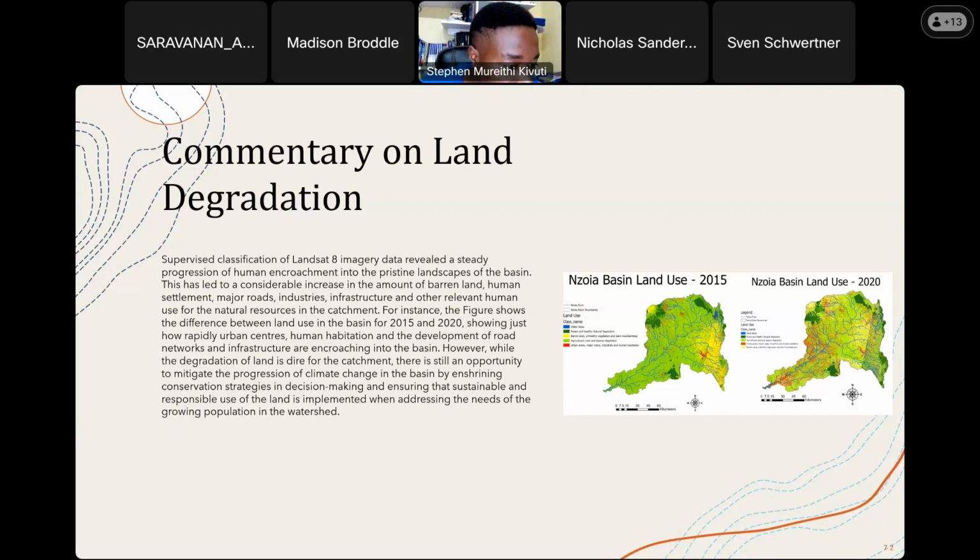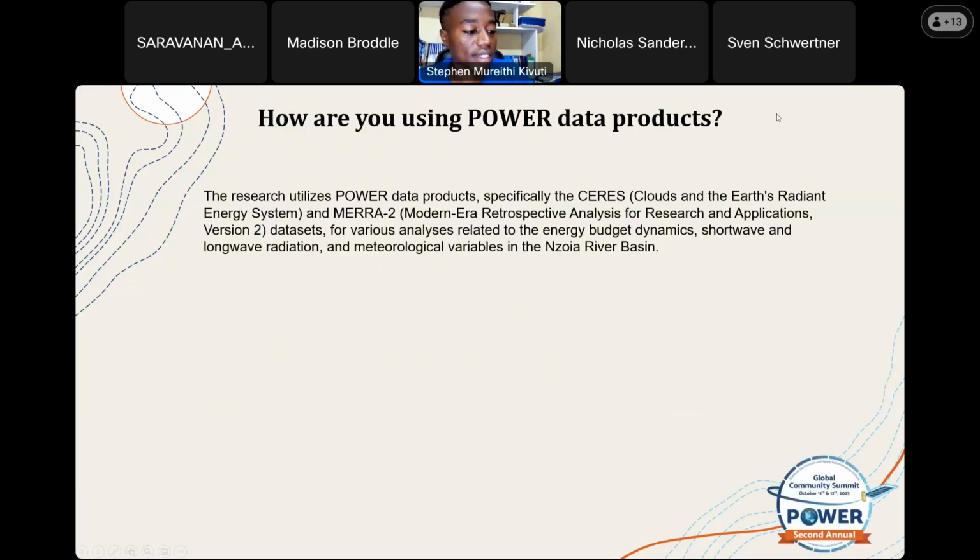So for the basin, we have a lot of degradation, which has obviously had something to do with the changes in the energy budget for the basin, and consequently has affected climate change. We can move to the next slide.